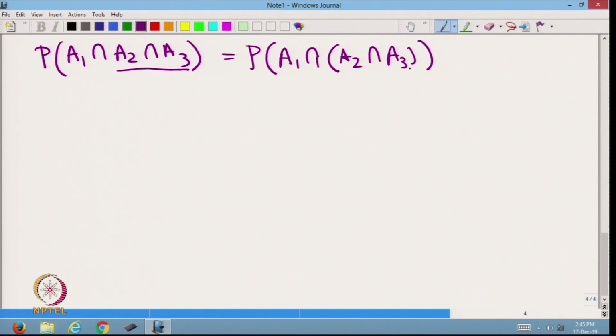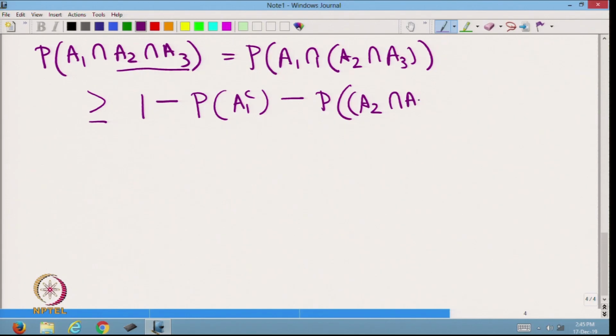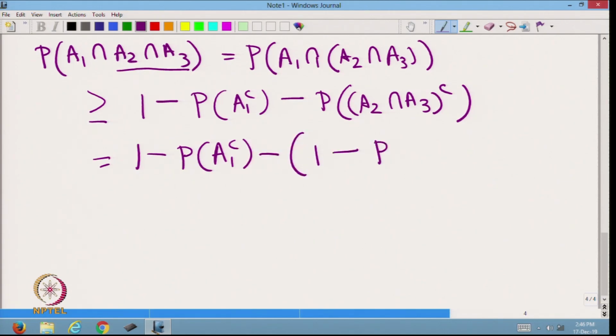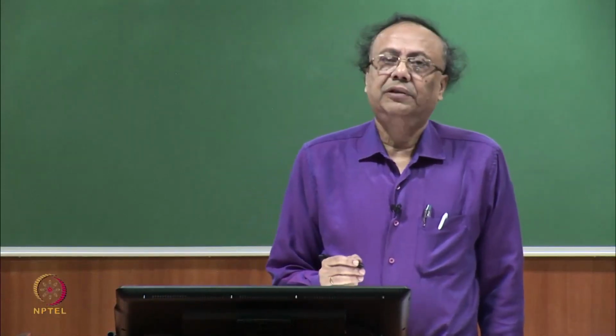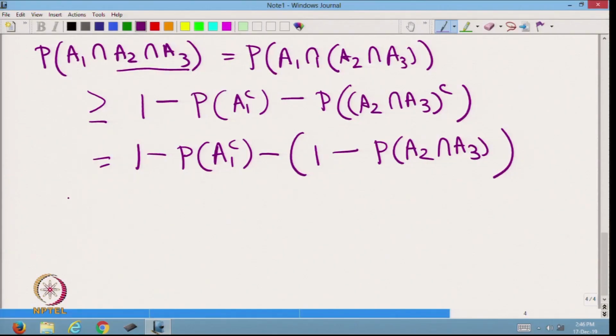Since now there are two events, we can write for n is equal to 2, from there this is greater than or equal to 1 minus probability of A1 complement minus probability of (A2 intersection A3) complement, which is equal to 1 minus probability of A1 complement minus [1 minus probability of A2 intersection A3], because for an event A, probability of A plus probability of A complement is equal to 1, that we have already seen.